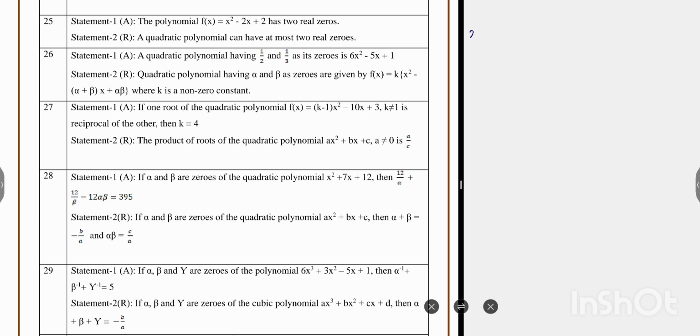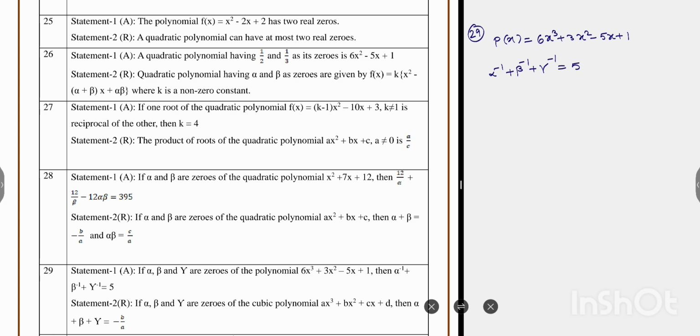Now let's see question number 29. It is a cubic polynomial, p of x is 6x cube plus 3x square minus 5x plus 1. We have to find alpha power minus 1 plus beta power minus 1 plus gamma power minus 1, which is given as 5.